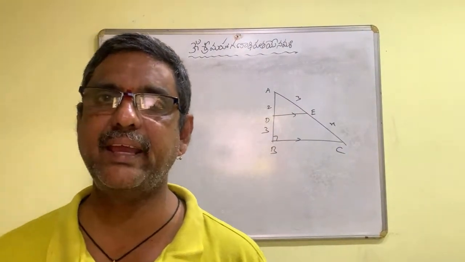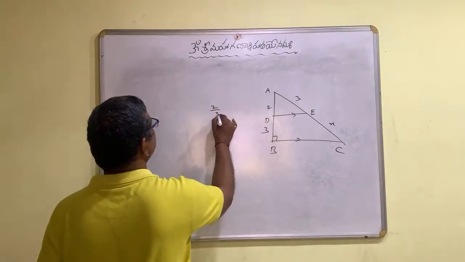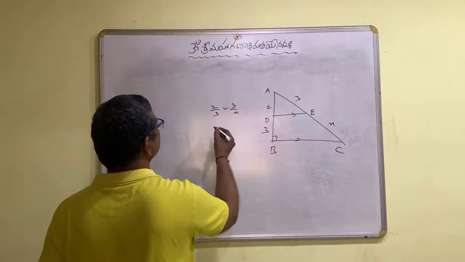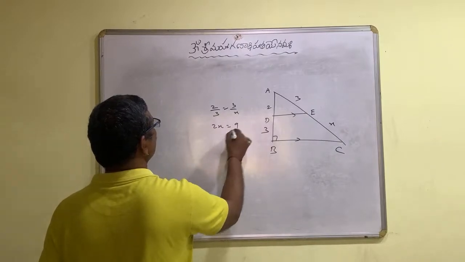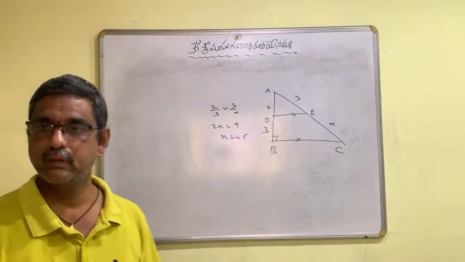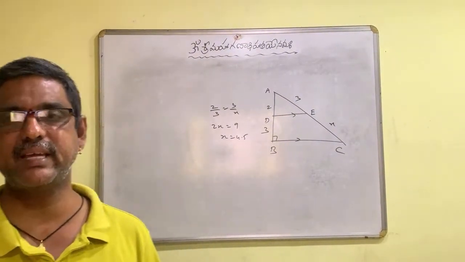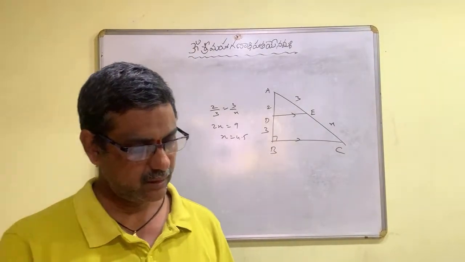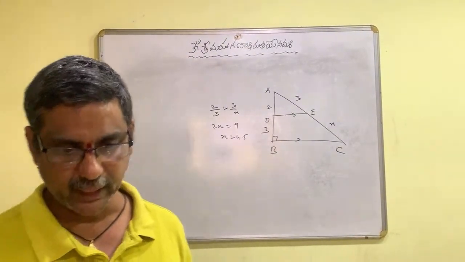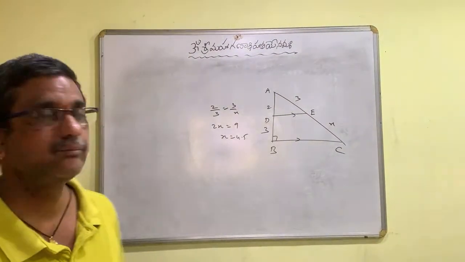So 2 by 3 is equal to 3 by x. 2x is equal to 9, x is 4.5, or 9 by 2 you can say. Option D.